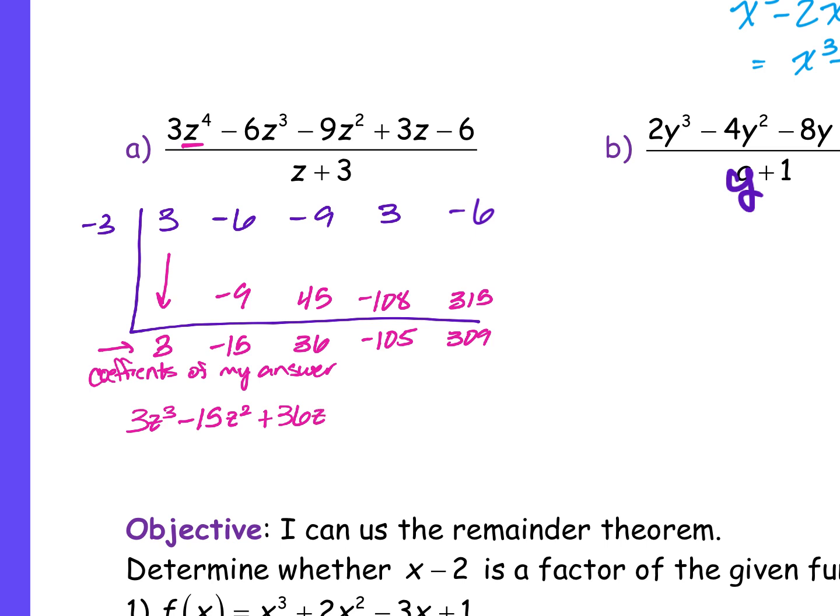And then my next coefficient is 105. And there's no z, right? Because I've already got down to my 0th term. And then I have this remainder left. I still have a term left, so that's my remainder. So I have plus 309 all over z plus 3.